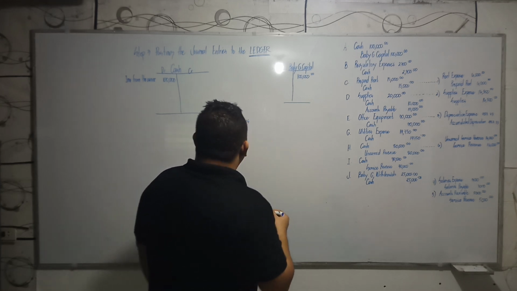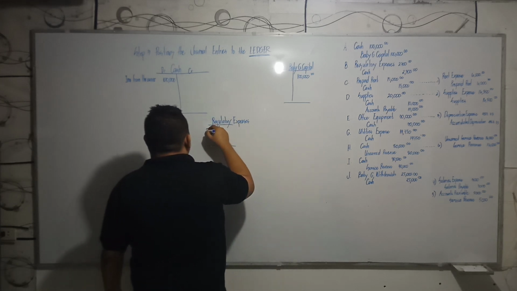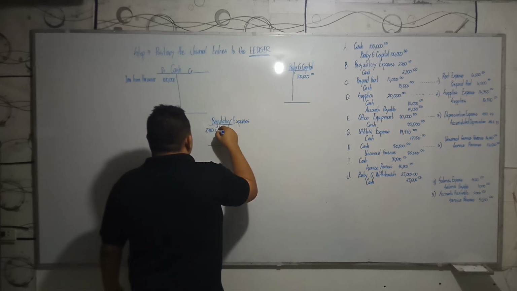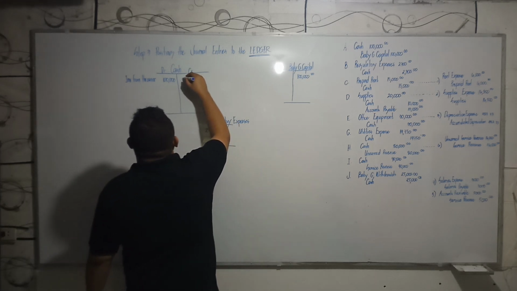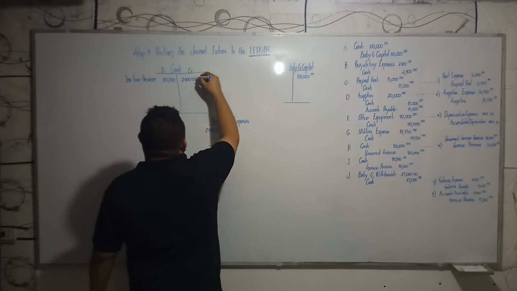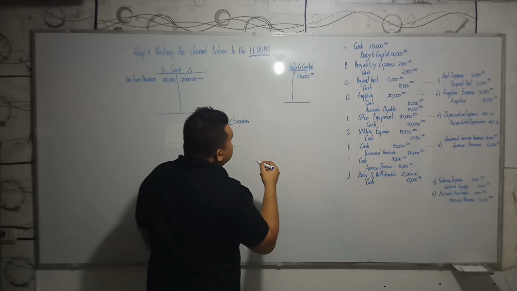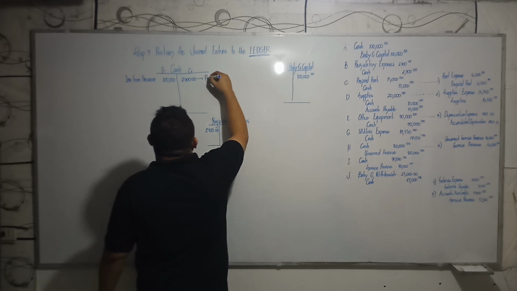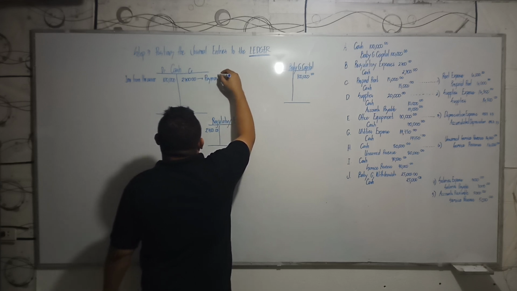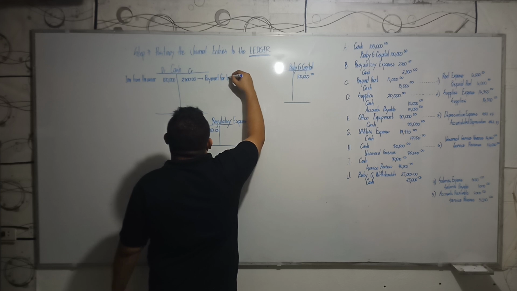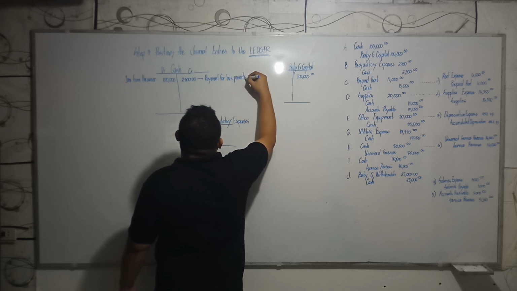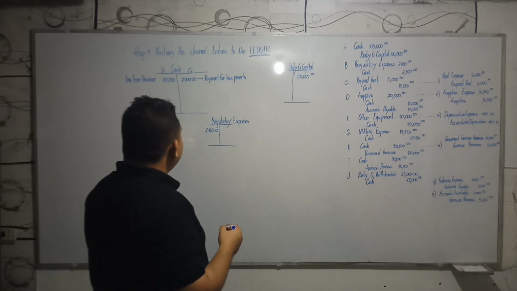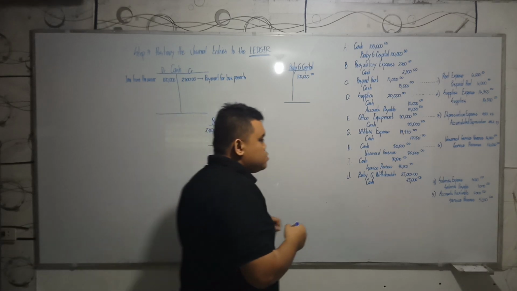After which you put 2,300 as debit and then credit cash 2,300. But then again, I have to make an explanation here, which is payment for business permits. Something like that. Okay? So, that's our T account.